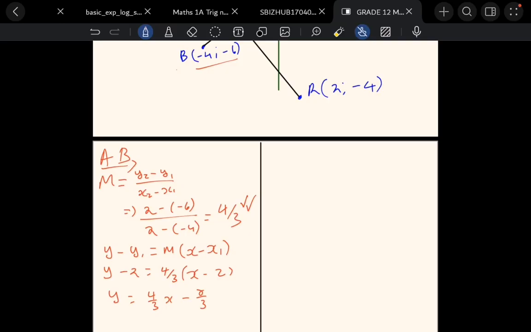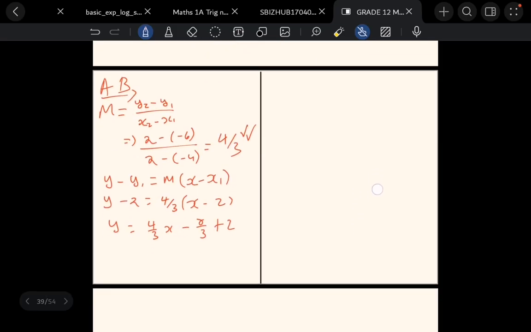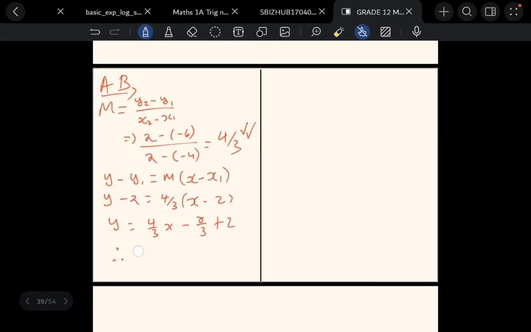Now 4 over 3 multiplied by negative 2 gives negative 8 over 3, and then plus 2. So your equation of a straight line is y is equals to 4 over 3 x minus 2 over 3.